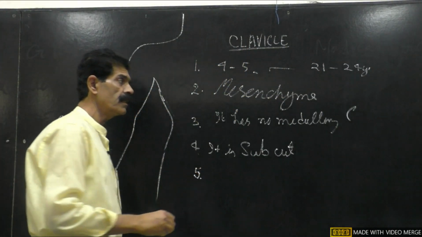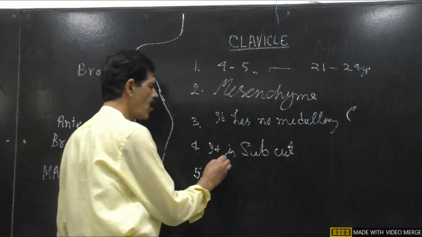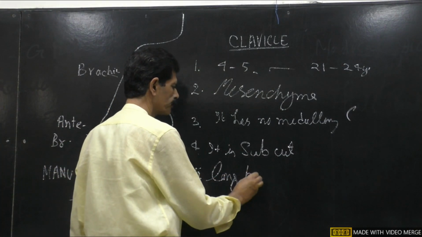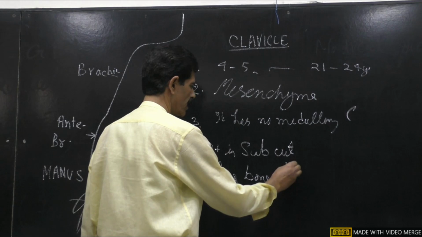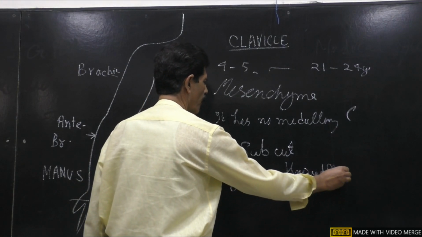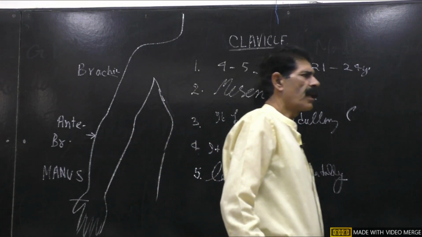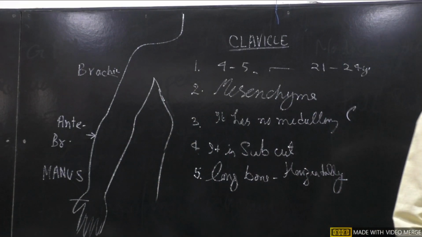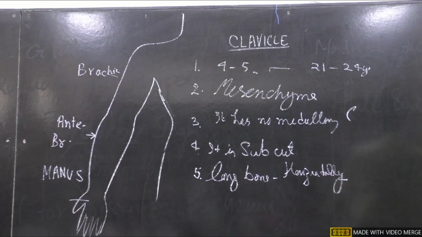Another thing about this is, it is a long bone, but lying horizontally. So it is a long bone lying horizontally in the body. All the other long bones, the humerus, radius, ulna, femur, tibia, fibula, how are they lying?